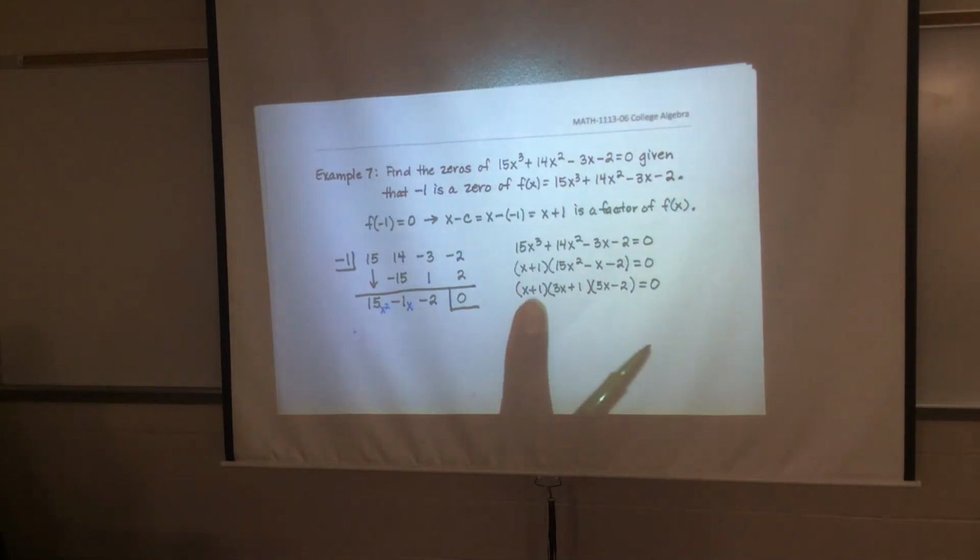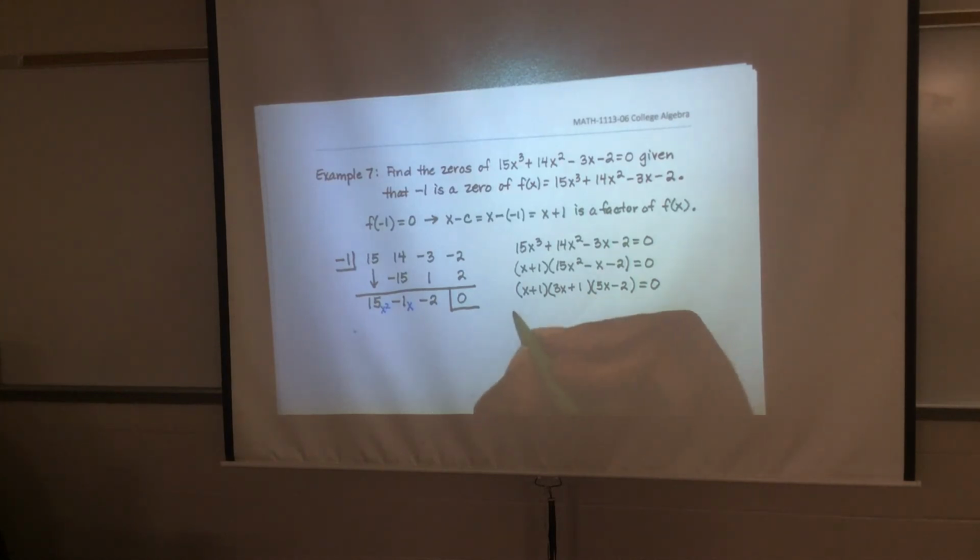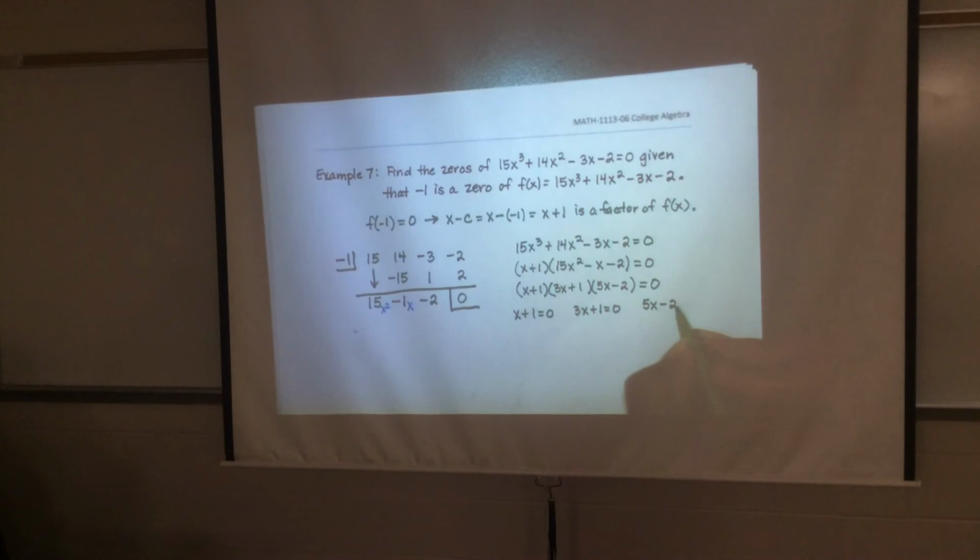And then set each binomial factor equal to 0. So I'm going to have x plus 1 equal to 0, 3x plus 1 equals 0, 5x minus 2 equal to 0. And then for each equation, I'm going to solve for x. So for x plus 1 equal to 0, I get x equals negative 1.